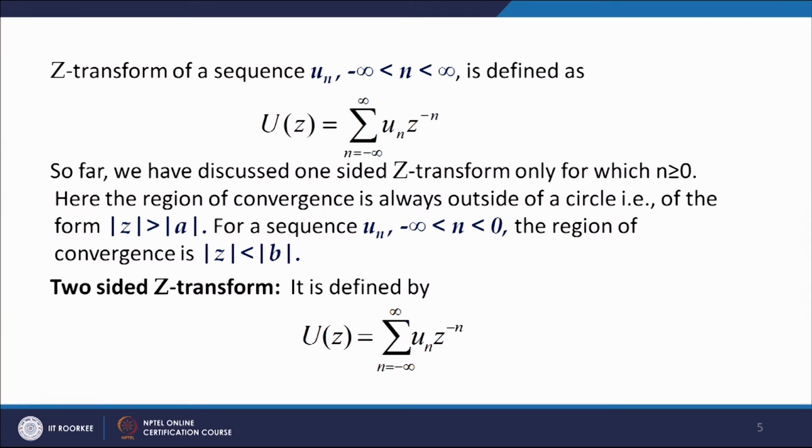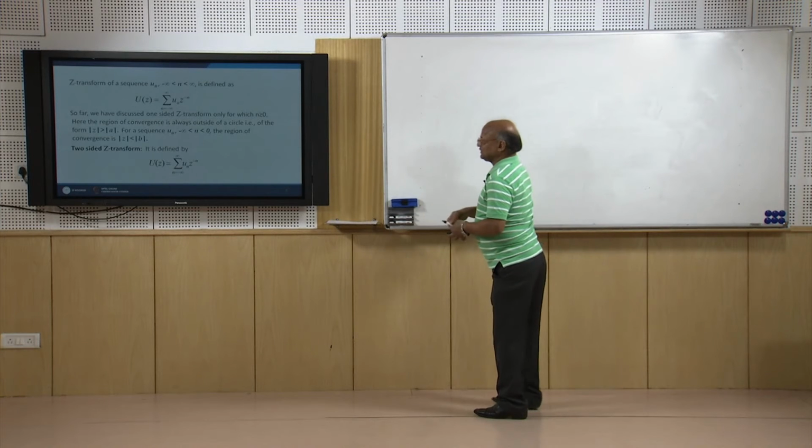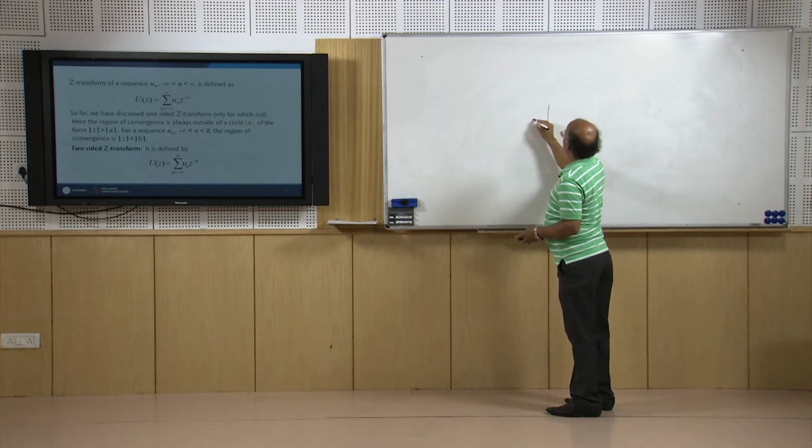two-sided Z transform. In the case of one-sided Z transform, where we had taken n greater than or equal to 0, the region of convergence, as we have seen, is always of the form mod of z greater than mod of a, which is the region outside the circle mod of z equal to mod of a, the circle where the center is at the origin and radius is mod of a. So, the region of convergence will look like this.